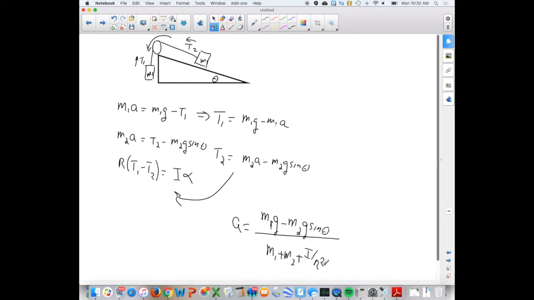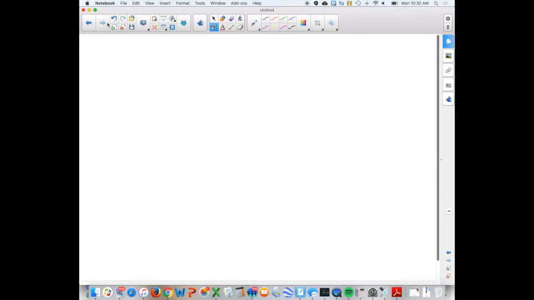The one last classic problem is the Atwood's machine, where I have a pulley, I have an M1 here, I have an M2 here. I'm going to guess the direction for acceleration. We have a T1 up, we have a T2 up, and again, I just write my equations.